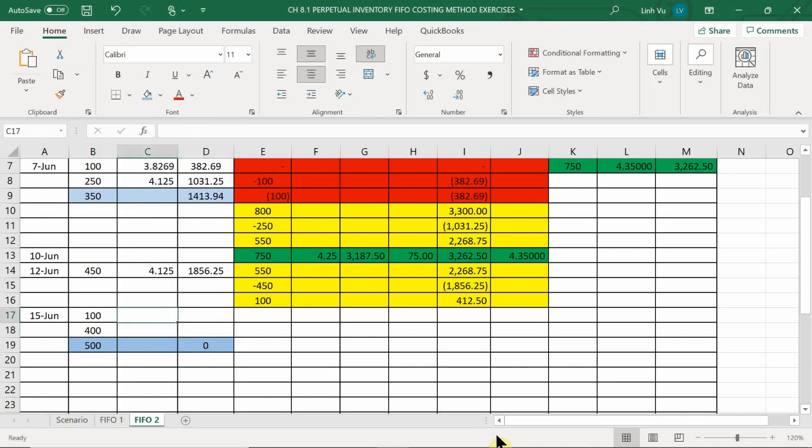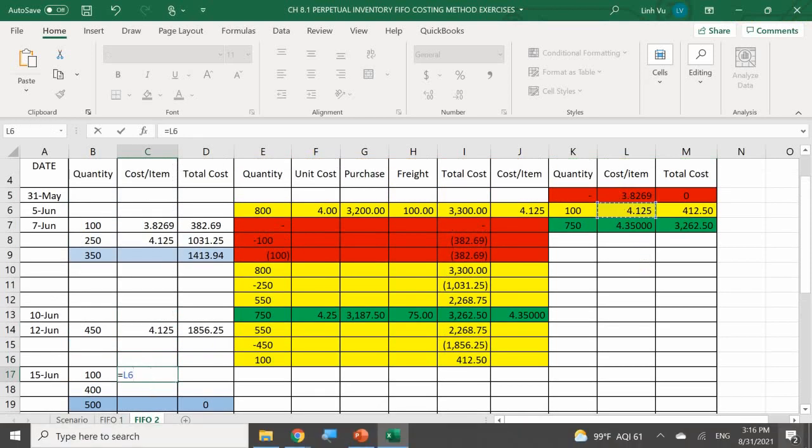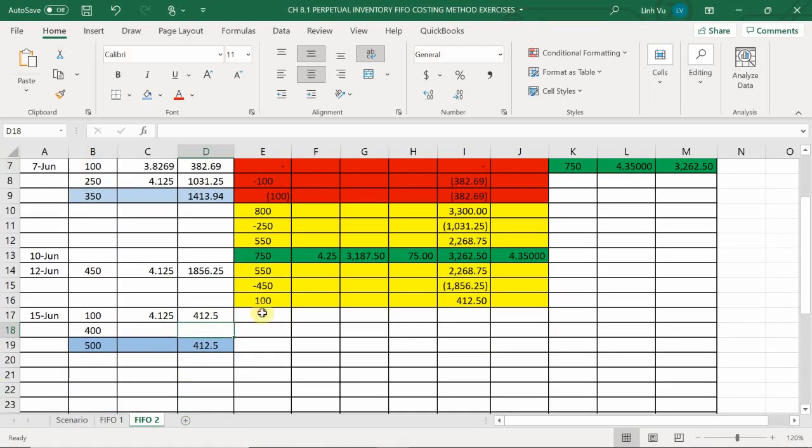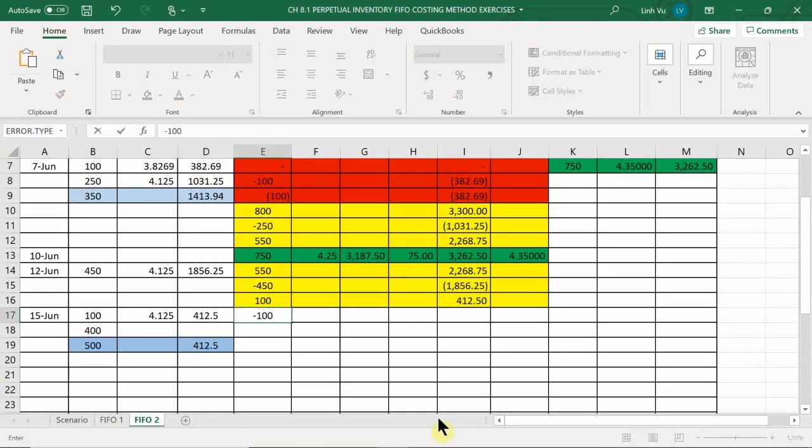All 500 items. So in this case, my yellow batch is at $4.125, which should give you a total of your $412.50, which we can go ahead and eliminate right away from my inventory to leave you 0.